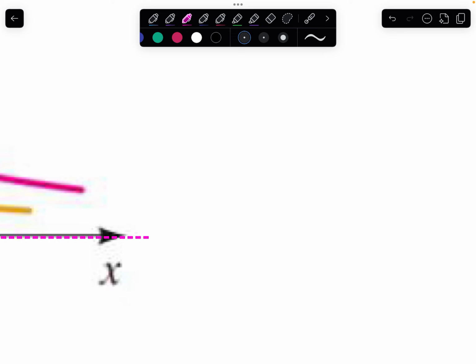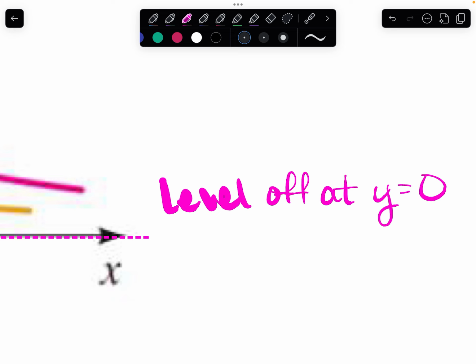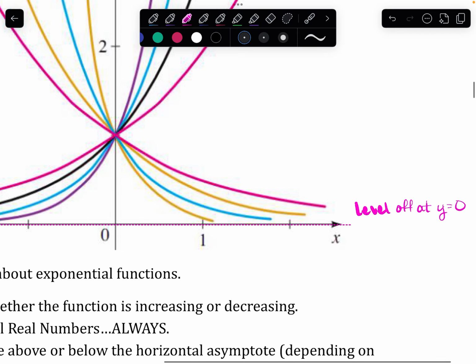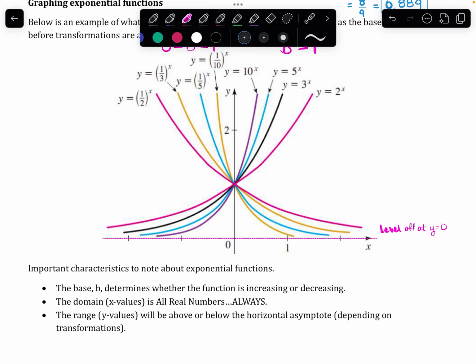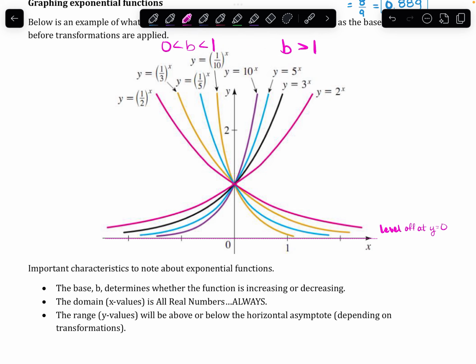They level off, and the reason they all level off at y equals 0 is because there's something called a horizontal asymptote here. Just note the difference on which side it's going to level off. It's going to depend on what that base was and what transformations are going to occur.